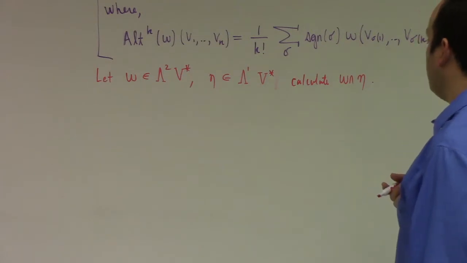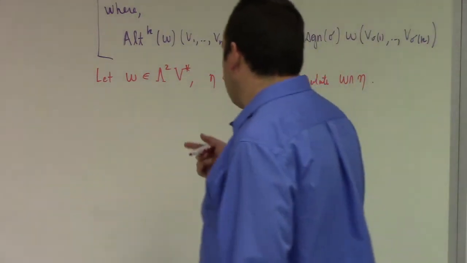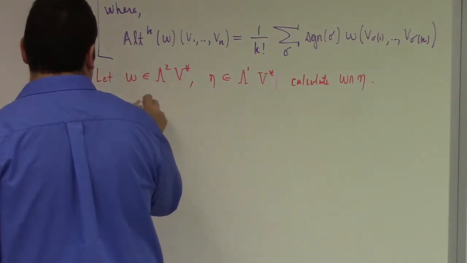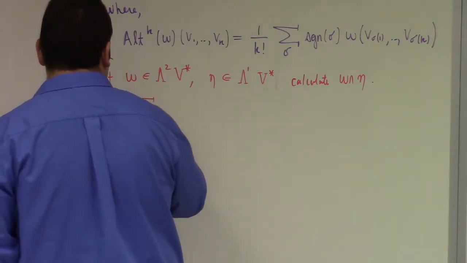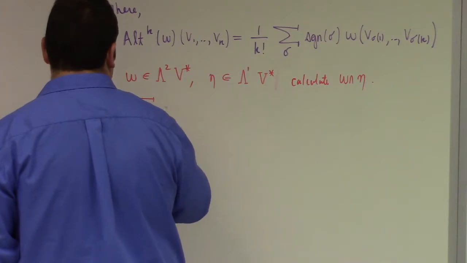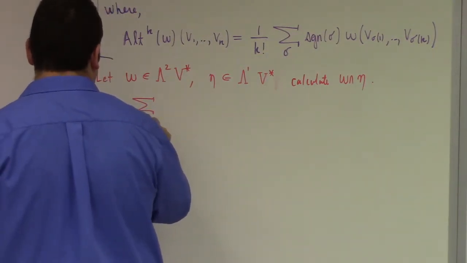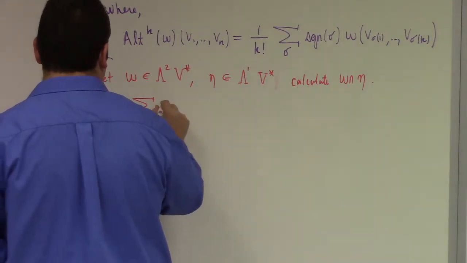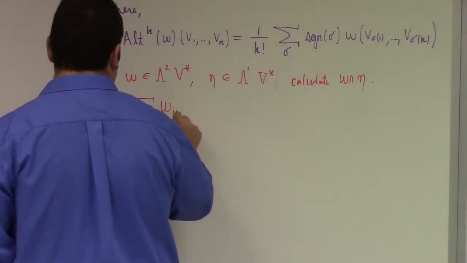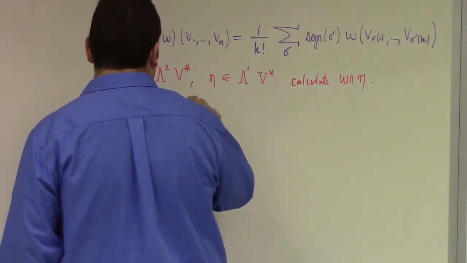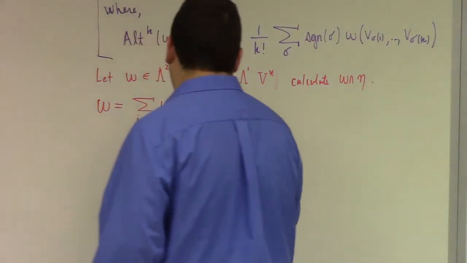So let's see here. Apparently we can write omega as a sum over i less than j of omega ij, e^i wedge e^j, right?